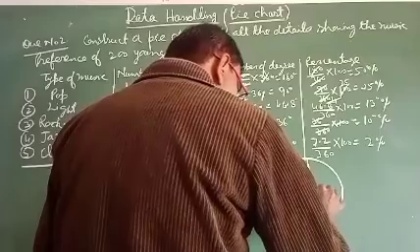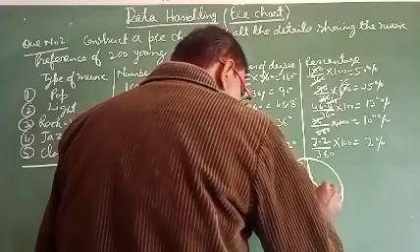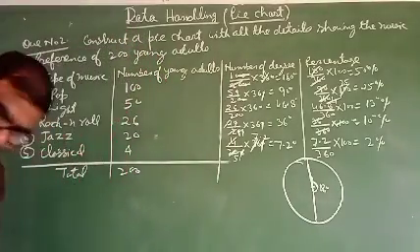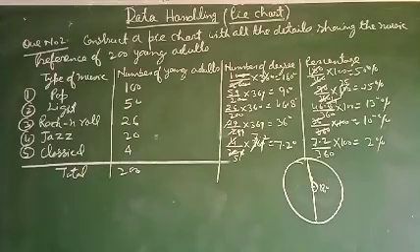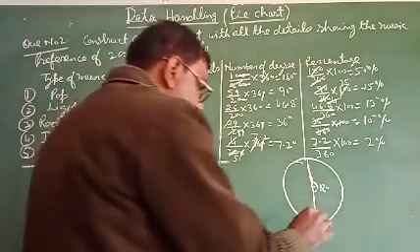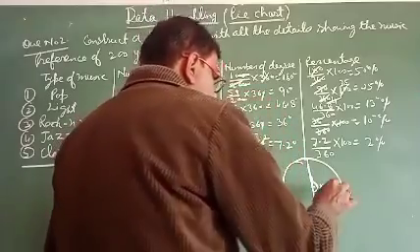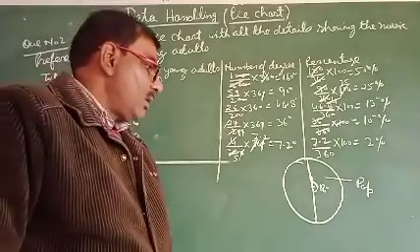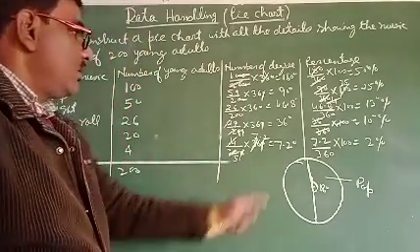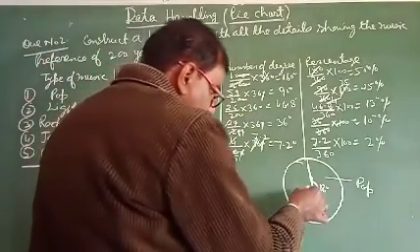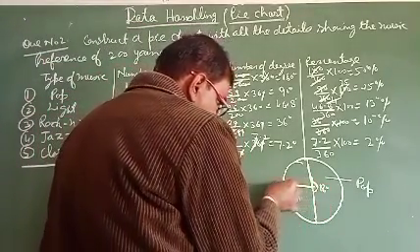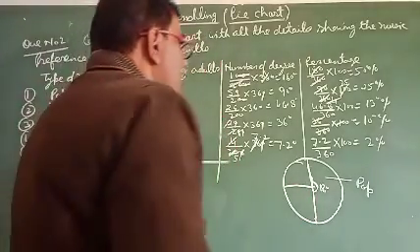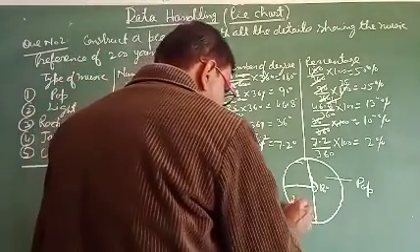This is 180 degrees, and this sector shows pop. Now next is 90 degrees. So I will make 90 degrees. This is 90 degrees, and this sector shows light music.